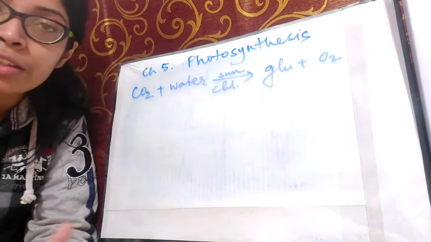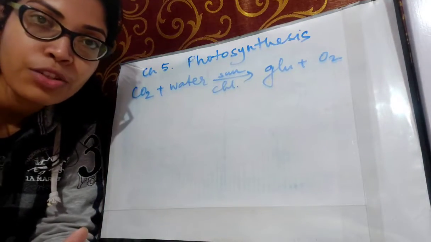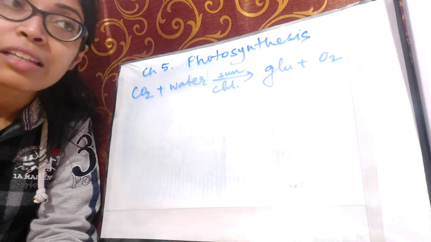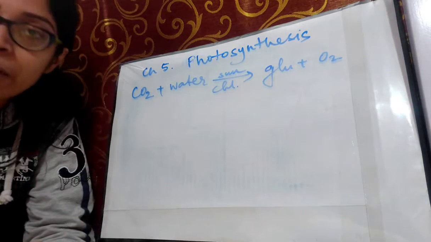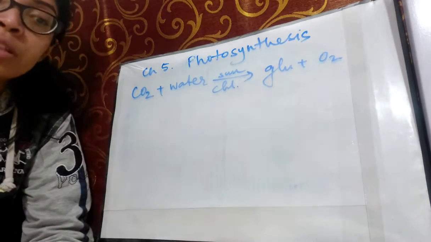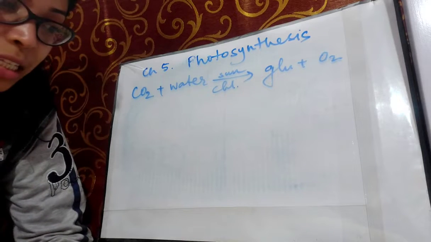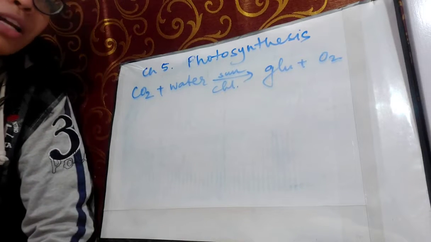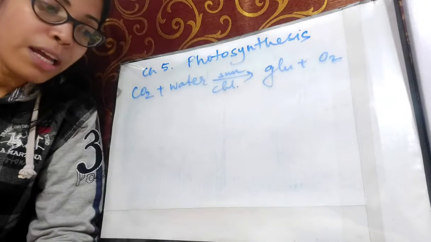Chromoplast is the other type of plastid which consists of other colored pigments like red, brown, yellow, orange. All these pigments fall under chromoplast.